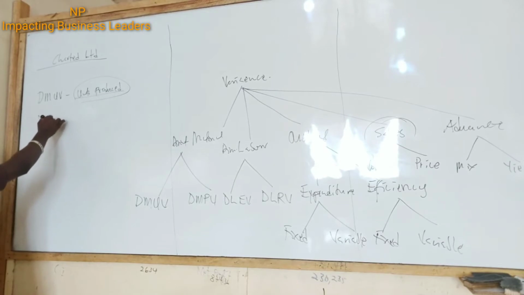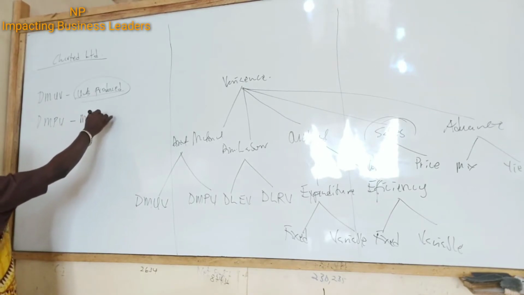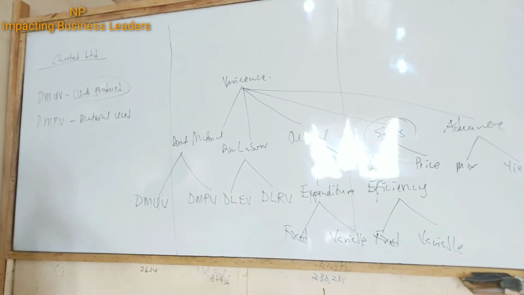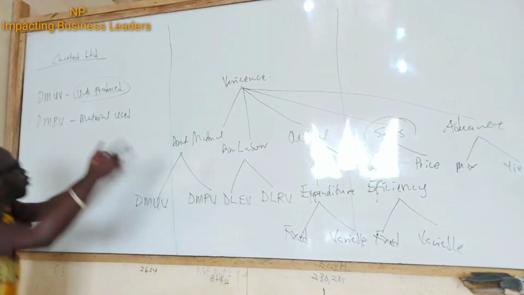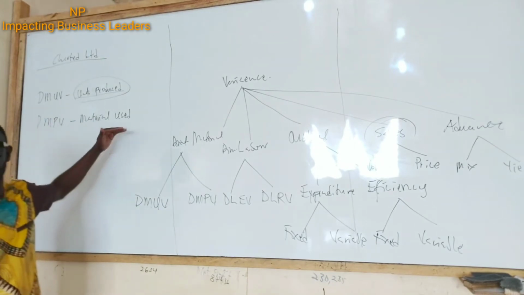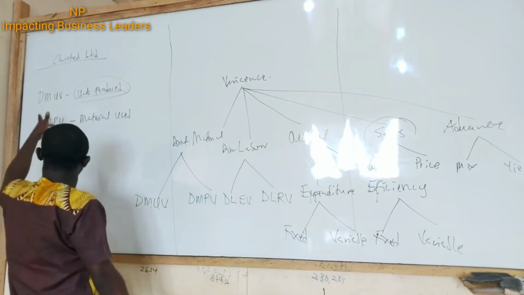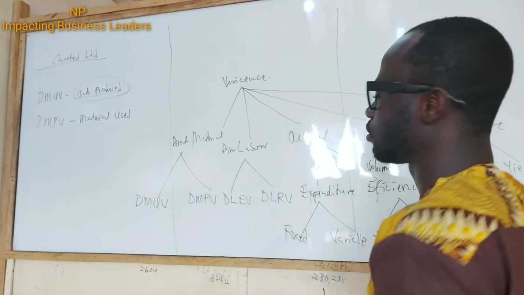Direct material price variance is actually based on the material used. It means the material we have used, how much should we have paid and how much did we actually pay. So the direct material price variance is based on the material used.